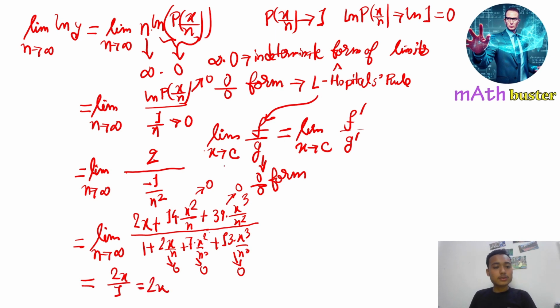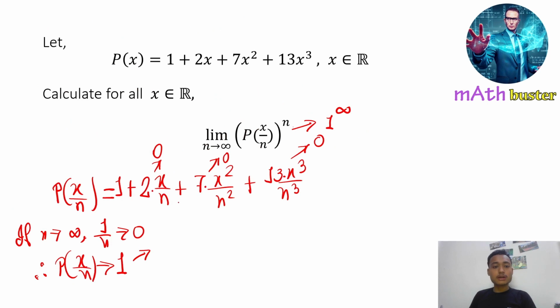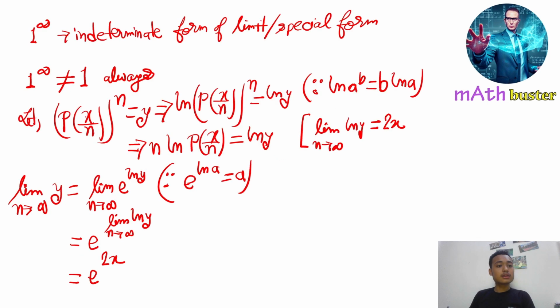So what do we get? We get limit of n tends to infinity of ln of y is twice x. So limit of n tends to infinity, y will become e to the power twice x. And what was y? Y was nothing but, as we took here, p of x by n to the power n.